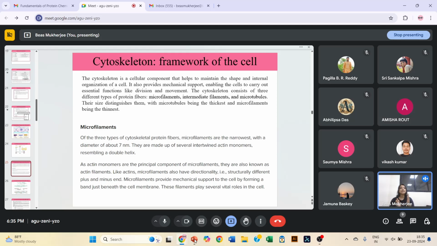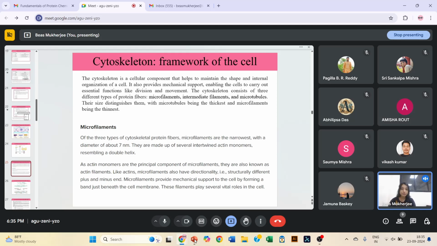Of the 3 types of cytoskeletal protein fibers, microfilaments are the narrowest, with a diameter of about 7 nanometer. They are made up of several intertwined actin monomers. We will learn about actin in the next slide. Resembling a double helix.